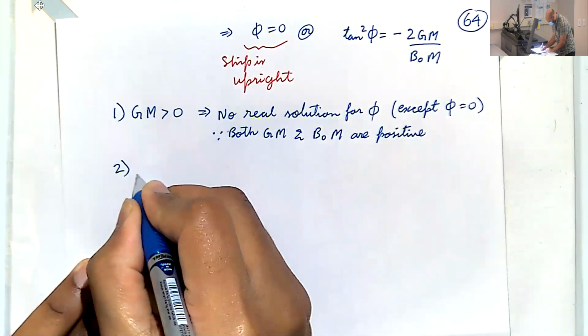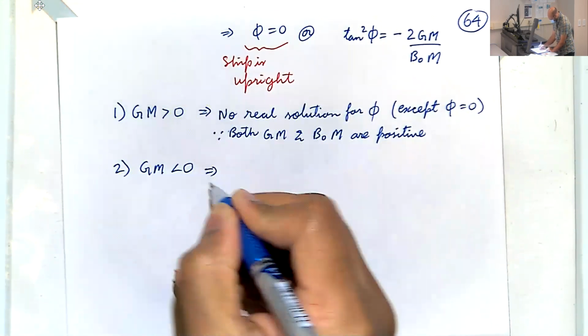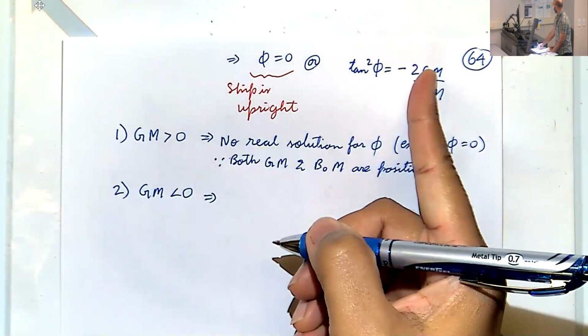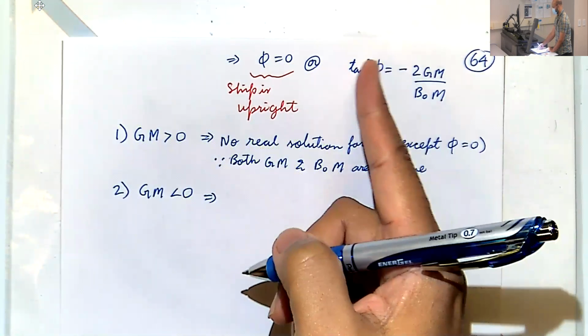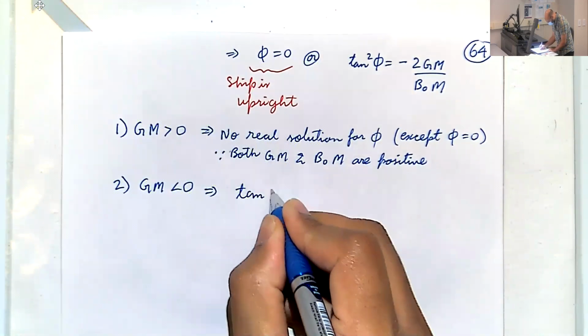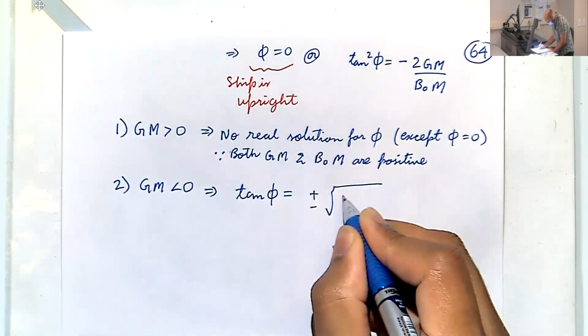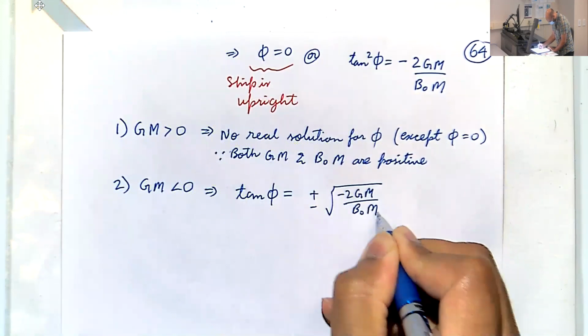Second scenario is when GM is less than 0. Let's see what happens. Negative, negative, positive on top, positive on the bottom. There are possible solutions that can exist for phi. So tan phi gives us plus or minus square root of minus 2 GM over E0m.